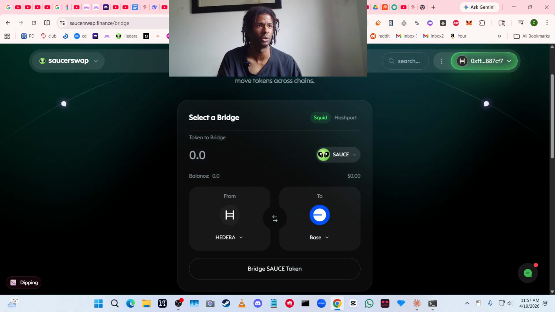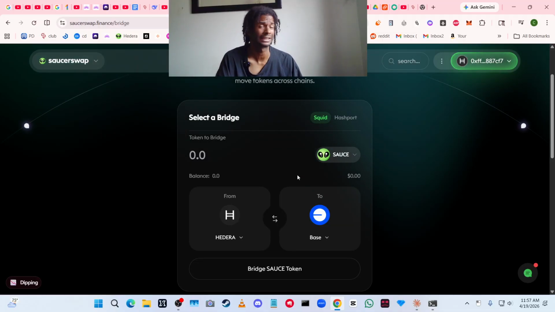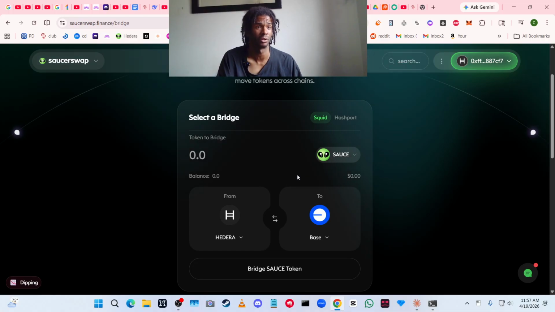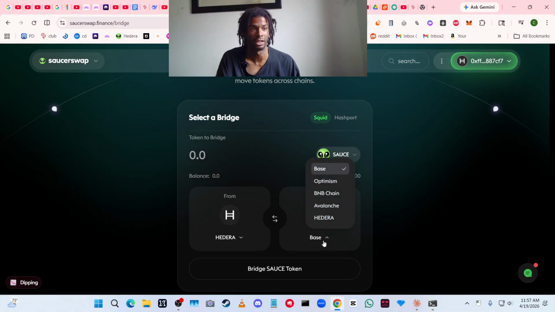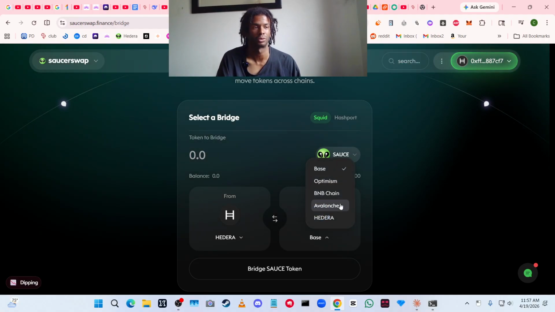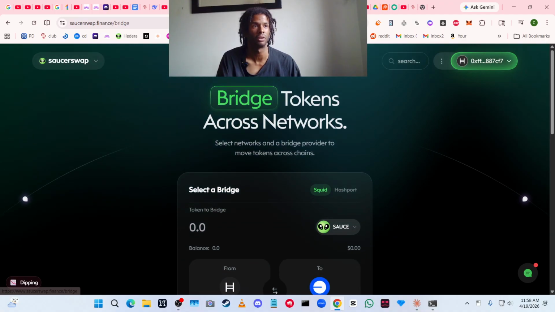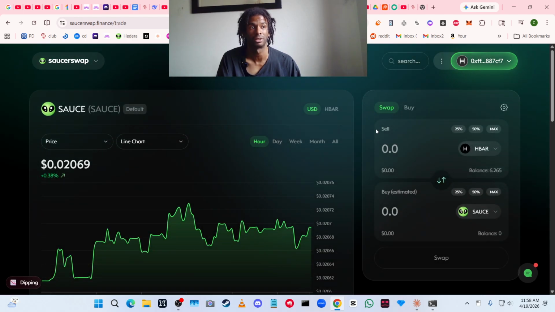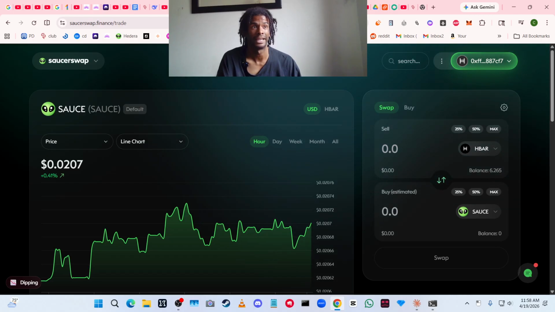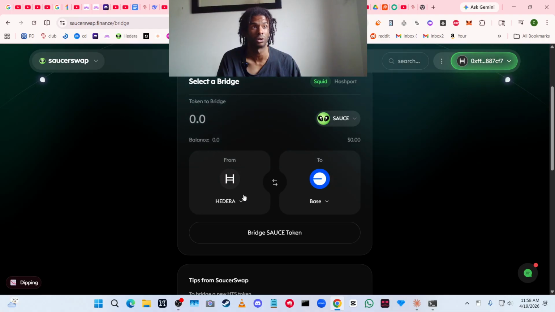If you go to this bridge section, if you've never used one of these DEXs, DEX equals decentralized exchange, you can swap between Hedera, BNB, Avalanche. They usually have a section to trade between the tokens and a section to trade between the different networks.